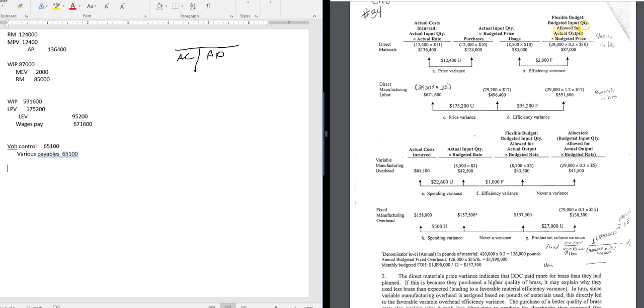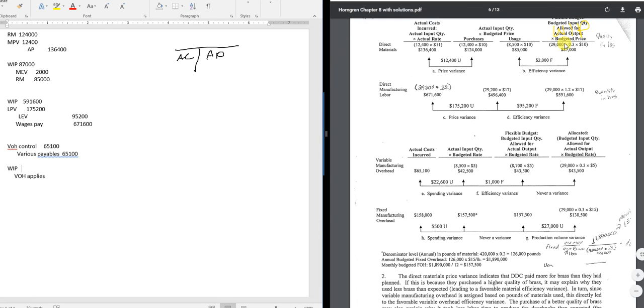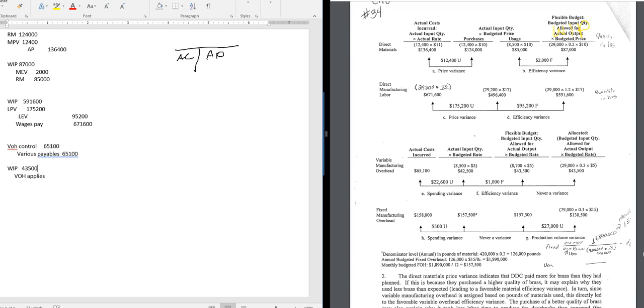Okay, I apply it. I credit manufacturing overhead and debit WIP, so I debit WIP, and I credit variable overhead applied. If you would like to do variable overhead actual and variable overhead applied, that would be great too. I don't really care. And so now I need to go completely to the other side. This side always goes into WIP, so 43,500 and 43,500 should be applied.